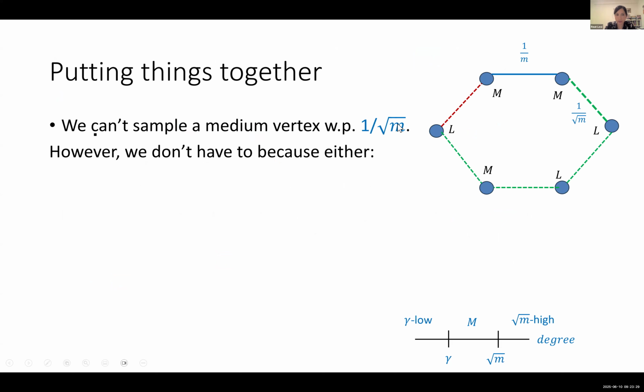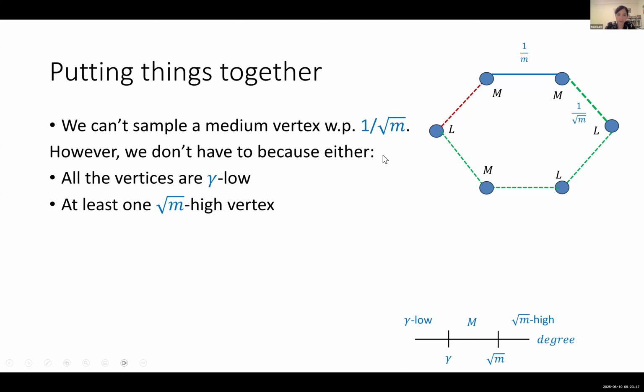However, we don't have to, because either all the vertices in the copy are gamma low, in which case we can sample such copies with probability which is roughly n over gamma, or the other case is that at least one vertex in the copy is a square root of m high vertex, in which case we can sample such copies by performing either the algorithm for non-adjacent or adjacent high degree configuration.